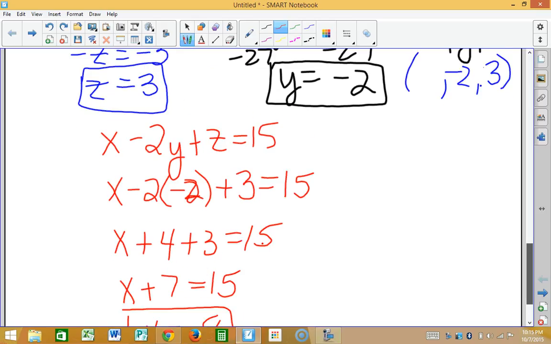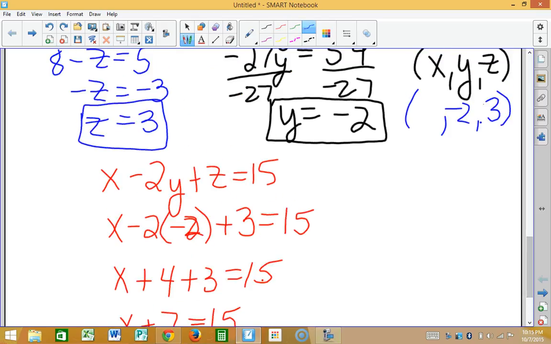x is 8. So our point, our solution, the single point out in the middle of space, is 8, negative 2, and 3. So what does that mean? Well, what that means is that if you plug these points back into any of the original ones, for instance, here's one right here, one of the original 3-variable equations.